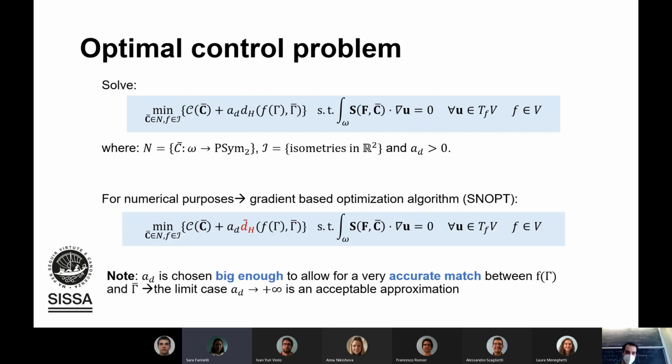Oh, sorry. The optimization algorithm is this one, SNOPT, which stands for sequential nonlinear optimization, and it is a library written in Python, which is also embedded in a commercial software that we use, which is COMSOL. So we use COMSOL both for the optimization part and for the solution of the mechanical problem.